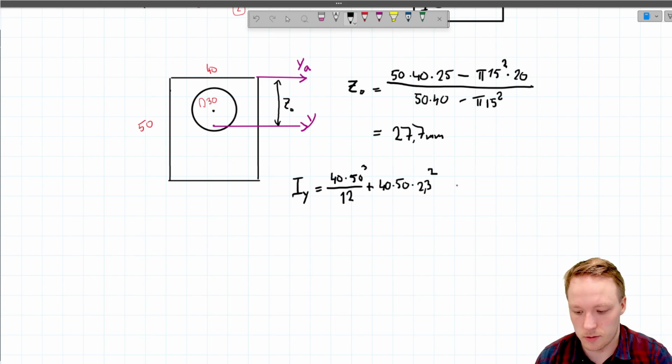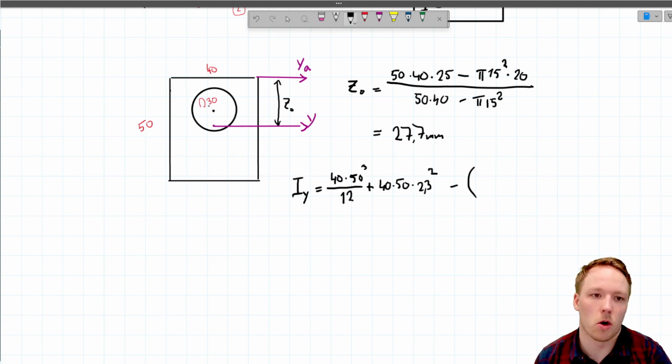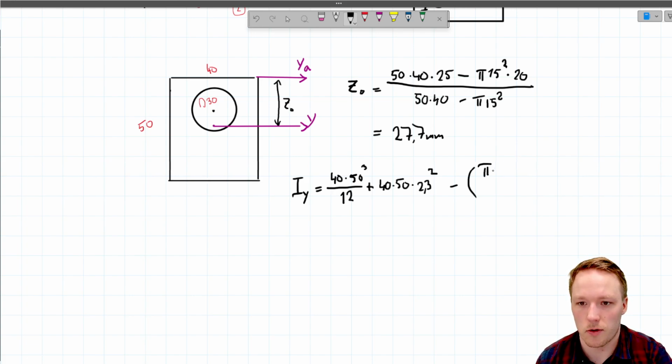And then we have to reduce from here the second moment of inertia of the hole, which for round objects is pi times diameter to the power of 4 divided by 64.